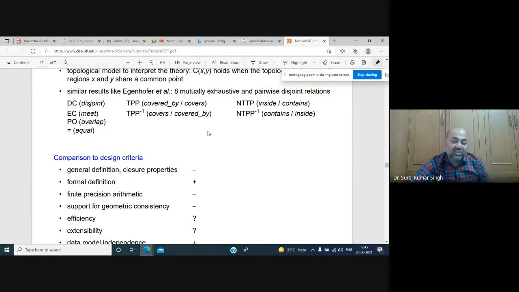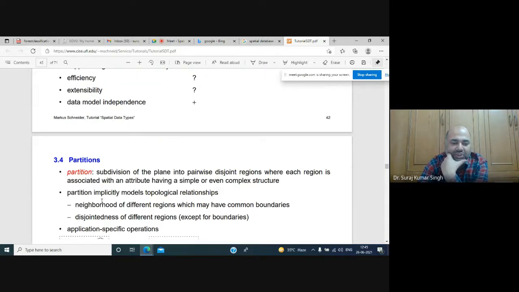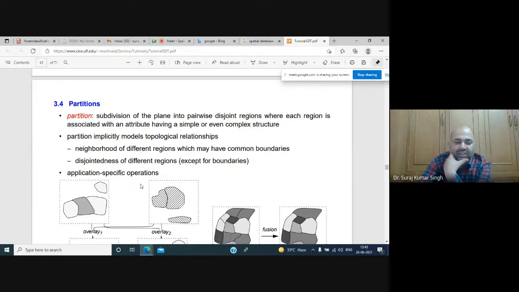One is DC, disjoint, then TPP, covered by, then inside, contains, then EC, meet, then covered by, contains, inside, then overlap, then equal. So you can see that the design, closure, definition, property is questionable, and efficiency, effectiveness is also questionable. And last, we will be coming to the partition.